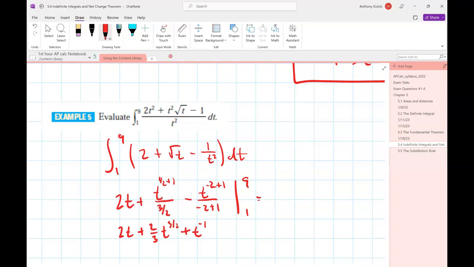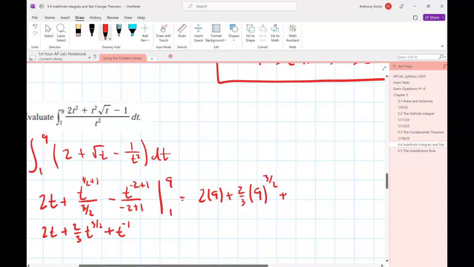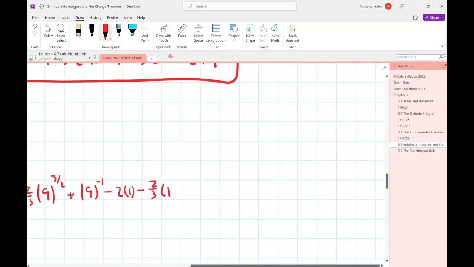So 2 times 9 plus 2/3 times 9 to the 3 over 2, plus 9 to the -1, minus 2 times 1 minus 2/3 times 1 to the 3 over 2 minus 1 to the -1.